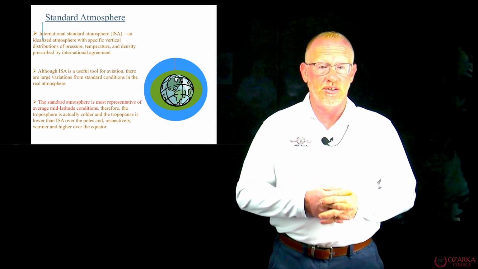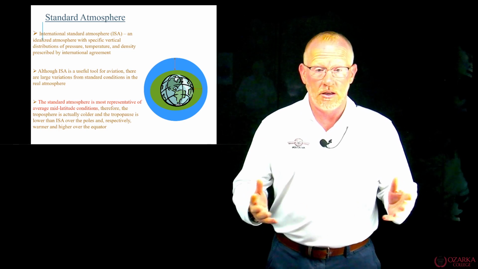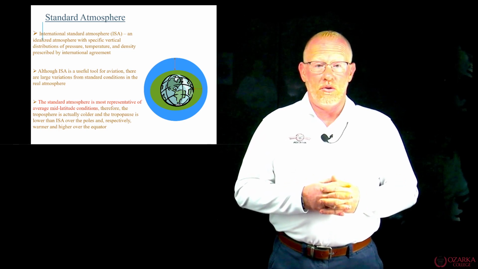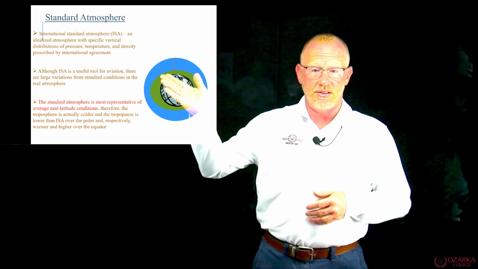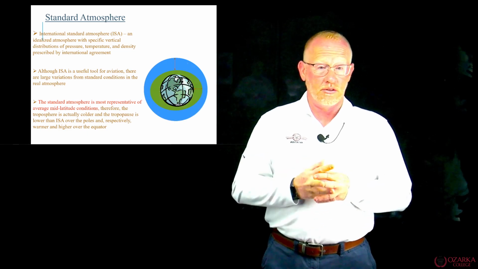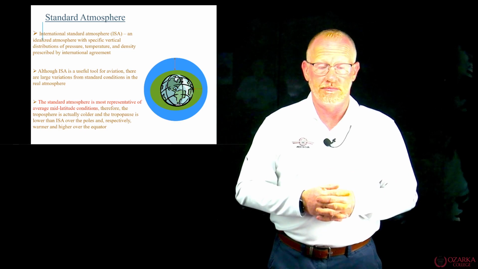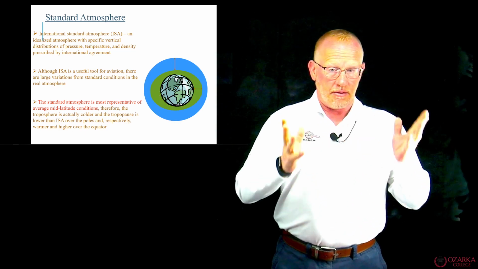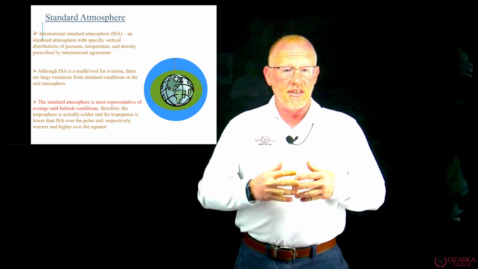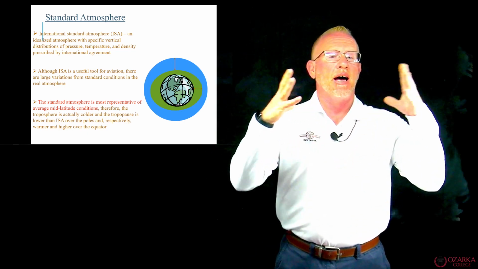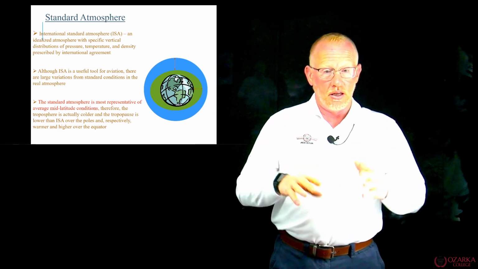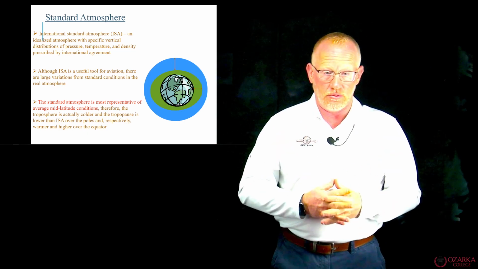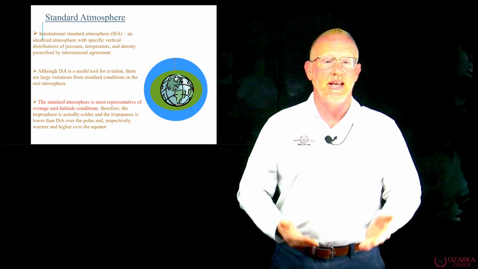ISA is theoretical. You're not going to go and say at 22,000 feet, this is what the temperature and pressure is. It's not going to happen because it's different everywhere. So this ISA is idealized, a perfect environment that countries around the world have agreed to be the standard.